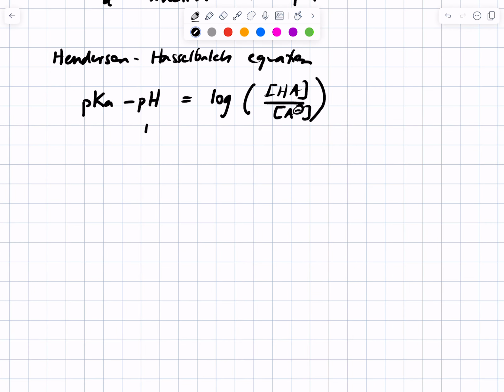We're going to use this equation to ask the question: if the pH is constant, as is the case in biology, and if the pKa's of various acids are known, what should be the ratio, or the relative amount, of conjugate acid versus conjugate base in solution at any given time?